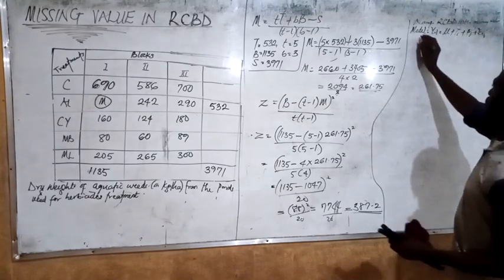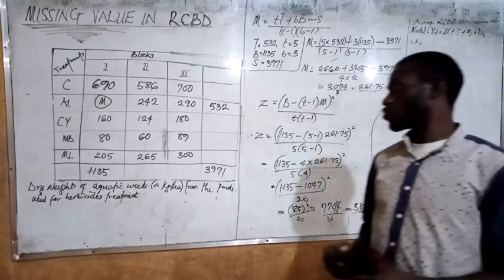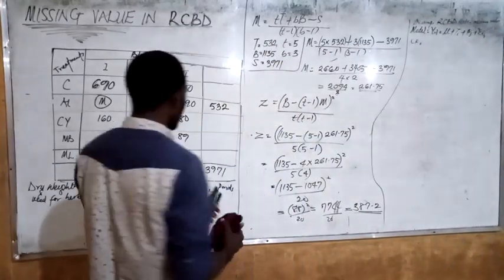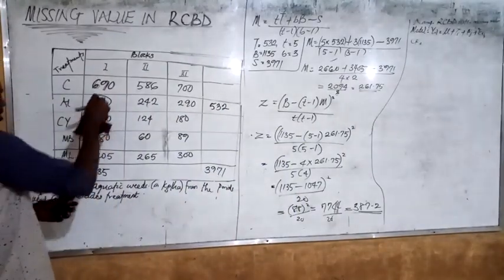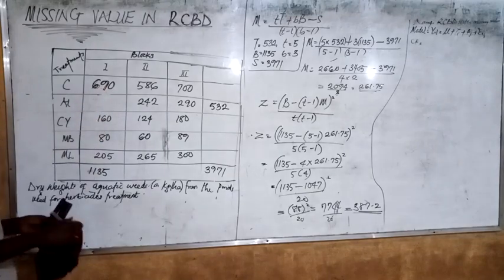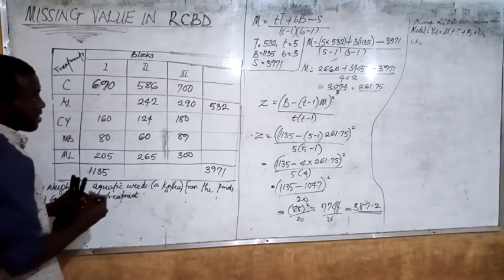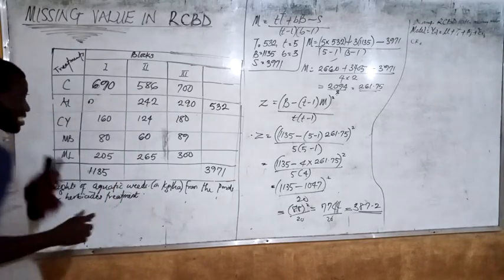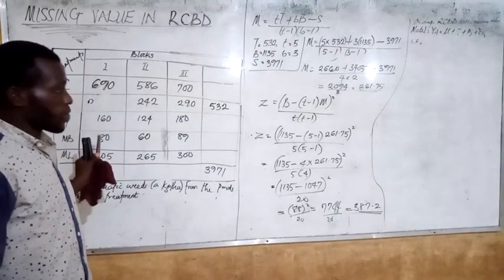Alright, then we now start our correction factor. Okay, before we start, we have to re-estimate, we solve for this guy. So what do we do? We simply come here and add the new missing value that we have derived. So please listen up. Here, you will replot your table. I'm not replotting now because of time.